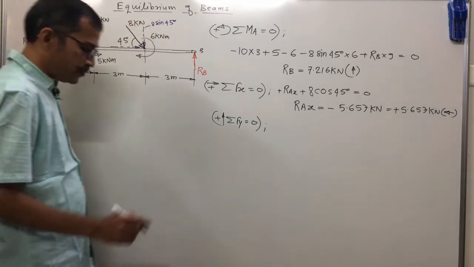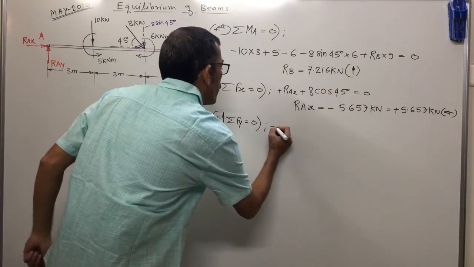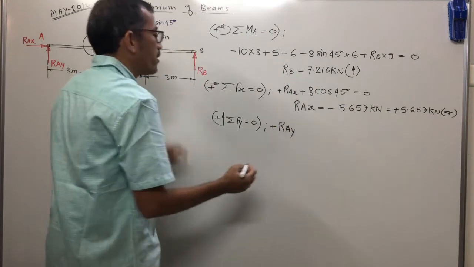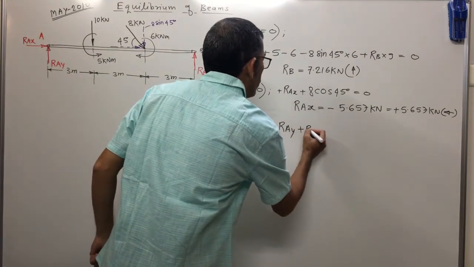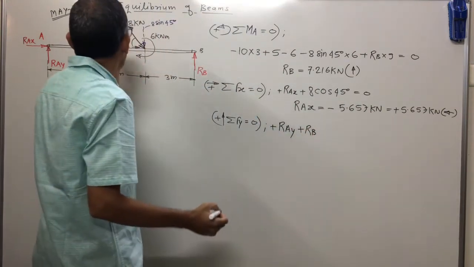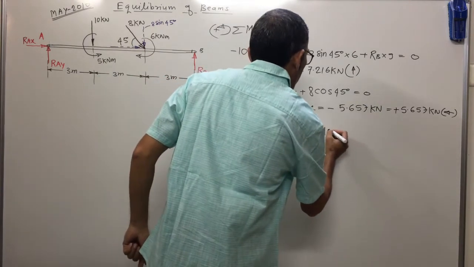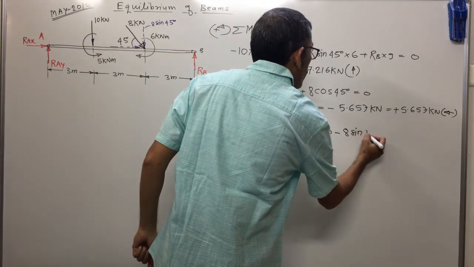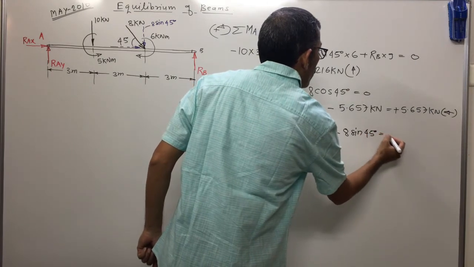Only 4 terms. First term plus RAY plus RB minus 10 minus 8 sin 45 equal to 0.